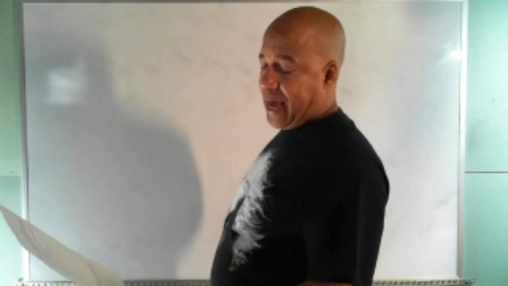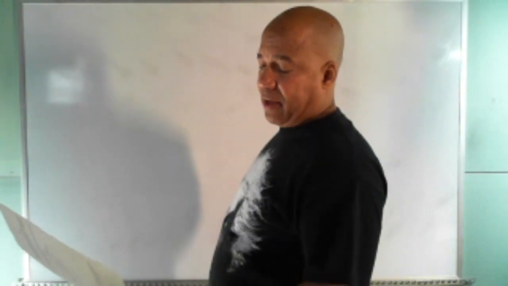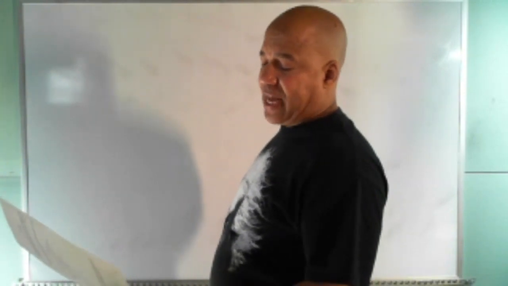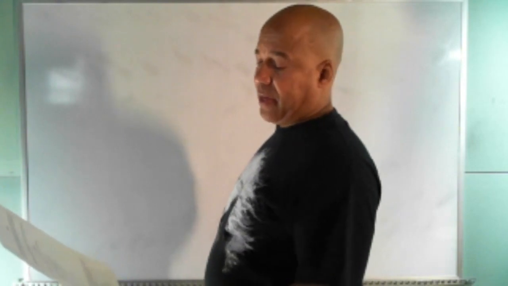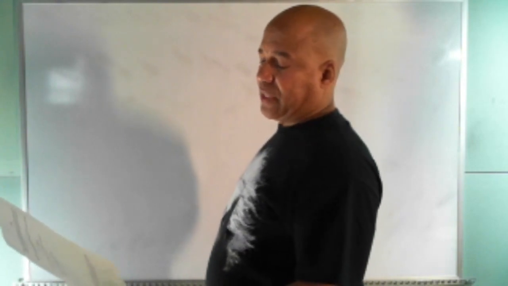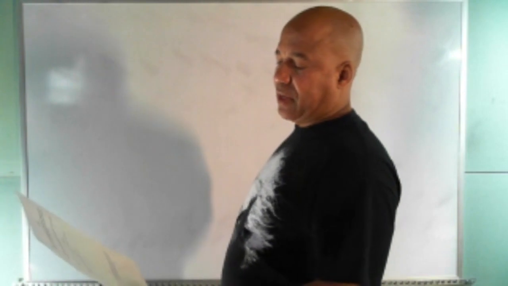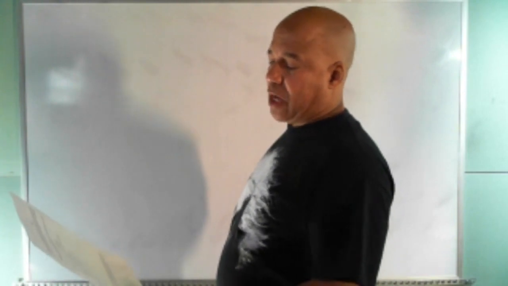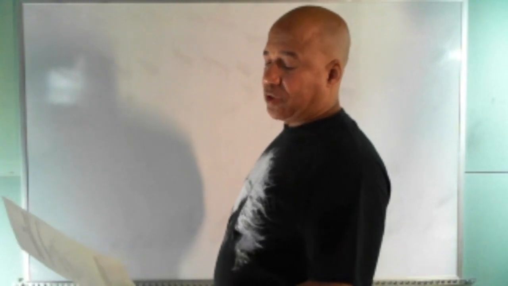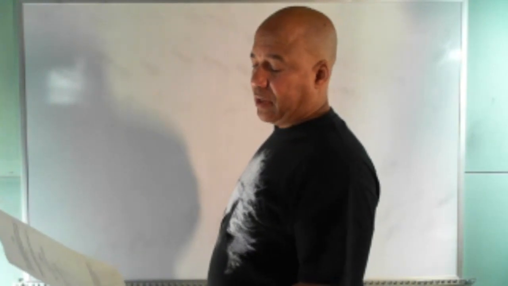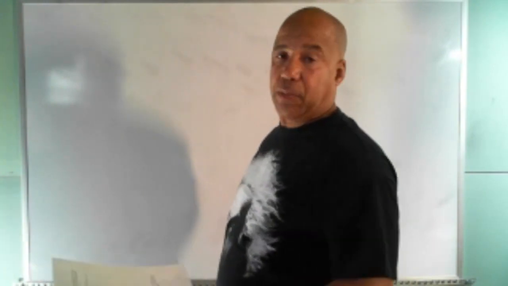It says that VA, voltage A, is 50 sine(377t + 30 degrees), and VB is 30 sine(377t + 60 degrees). They want you to apply Kirchhoff's voltage law to find the total voltage across the whole circuit, and they want you to sketch the circuit before you do the analysis.